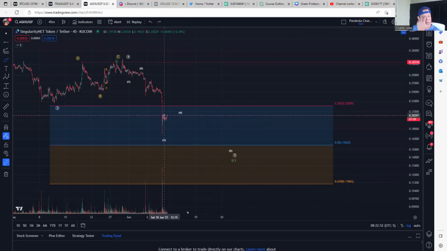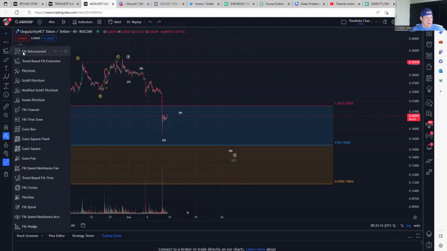It's already an extended 3-wave, so I don't think we would get an extended 5th. In crypto, that's certainly possible, but I wouldn't look for an extended 5th. I would just assume we get a typical 5th wave, which would take us down to somewhere in the 13, 14, 15 cent level. So that's what I'm looking for.